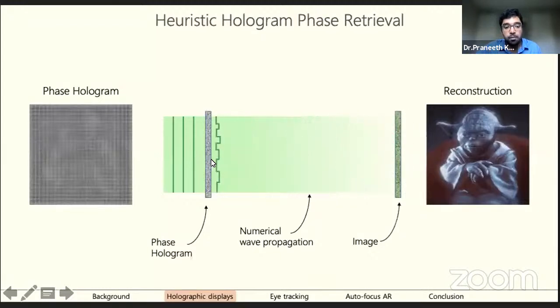So we propagate the light wave back and forth between this hologram plane and the image plane and enforce certain necessary constraints on either of these planes until a good phase pattern is found. So this kind of approach works reasonably well, but it's extremely noisy because you are heuristically enforcing constraints on this kind of wave propagation.